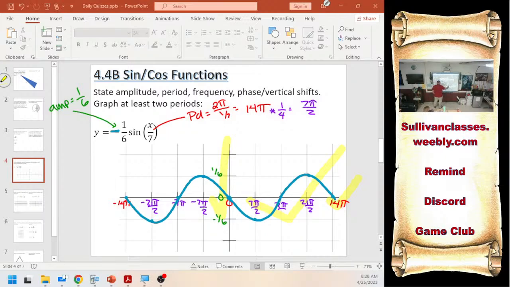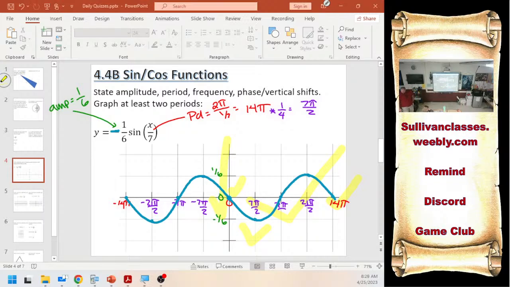Did you start at 0 because it's sine? Did you head downward because it was a reflection? Okay. So, period, quarter marks. Vertical axis, starting at 0, went down.